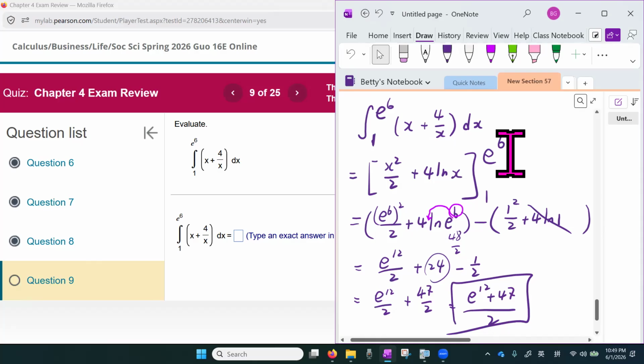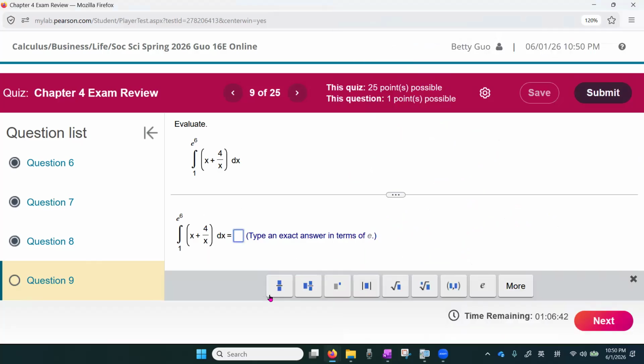And plugging e to the power of 6 here, we have 24. And then minus, plugging 1, half. Plugging 1 here is 0. 24 minus half is 23 and a half, which is 47 over 2. So e to the power of 12 plus 47 all over 2. I think that should be correct.